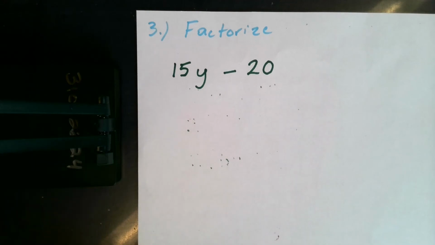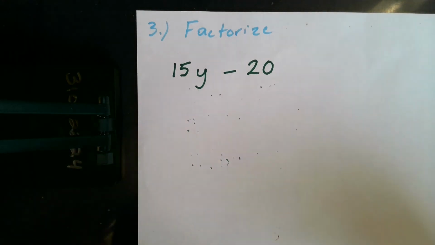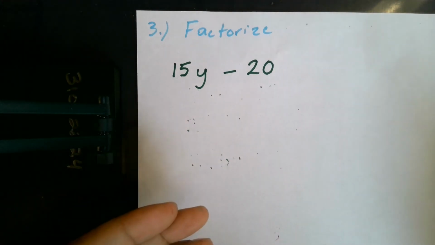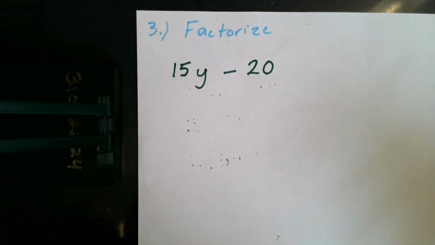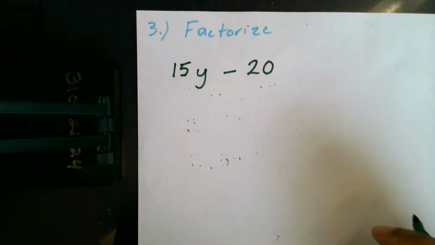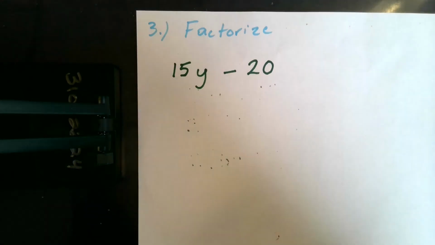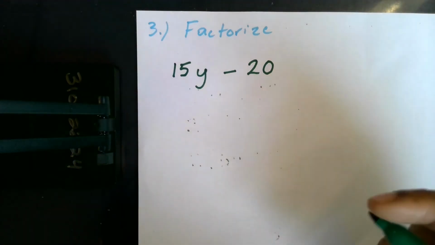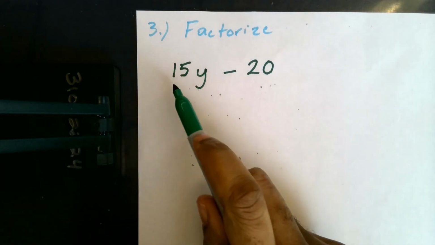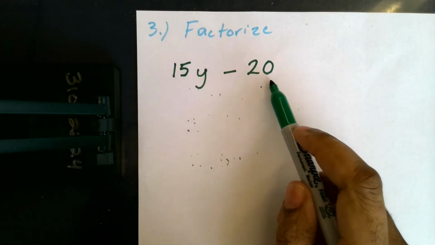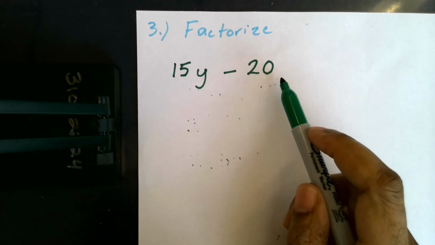So we are expected to factorize this expression, and the GCF in this case is actually 5. 5 is the greatest number that can divide into 15 and 20 without leaving a remainder.